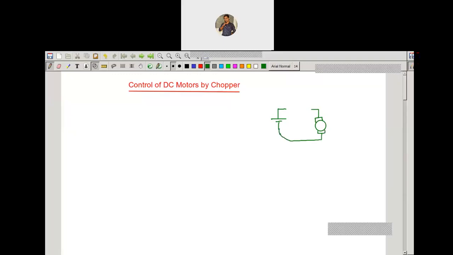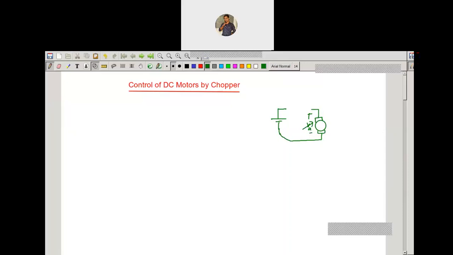Now it is some fixed voltage, whatever the requirement and ratings of the motor are. If you want to vary the armature voltage, and you use any element between the motor and this DC power supply, then we can easily vary the armature voltage.